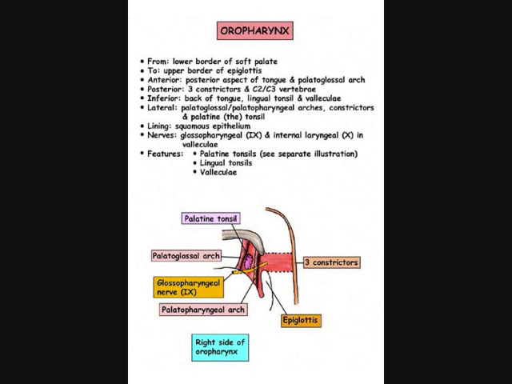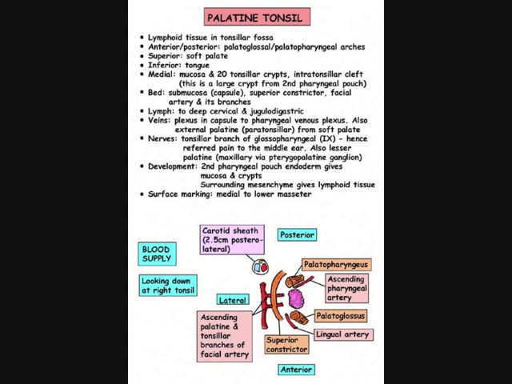It is limited superiorly by the tip of the soft palate, the uvula, and it is limited inferiorly by the tip of the epiglottis. But we must include the area that lies between the posterior third of the tongue and the epiglottis, which is the vallecula.